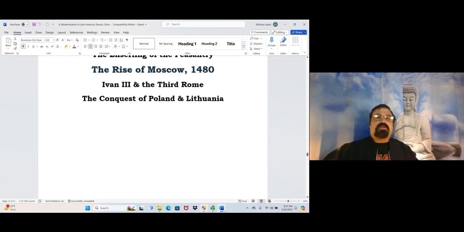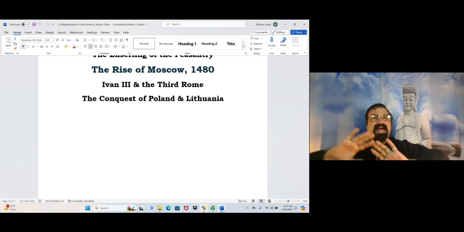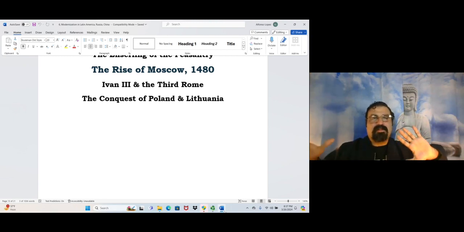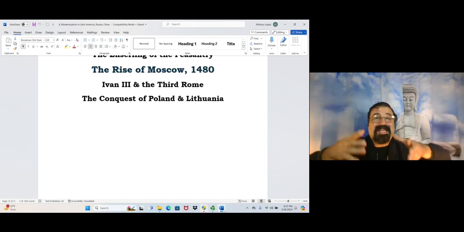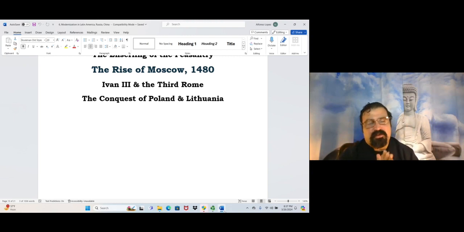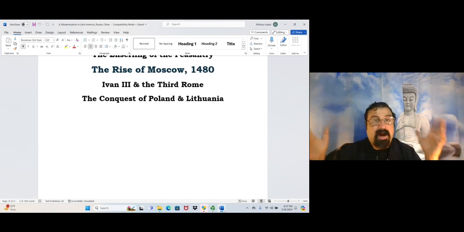Okay? So by 1480, however, with the downfall of the Mongols, this new polity, Moscow, is now rising up in prominence. What we see is that this polity, which really started as an urban center, and now becomes a duchy, again, is really governed by a duke or a monarch.